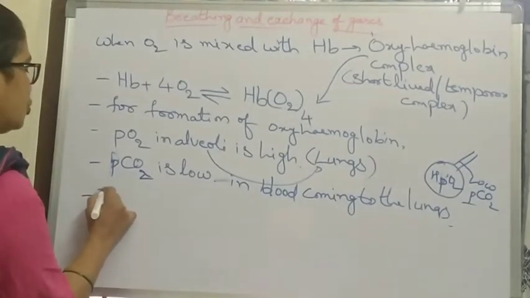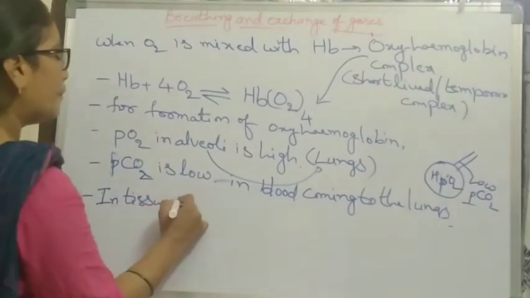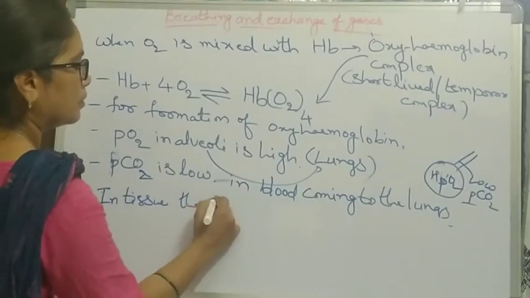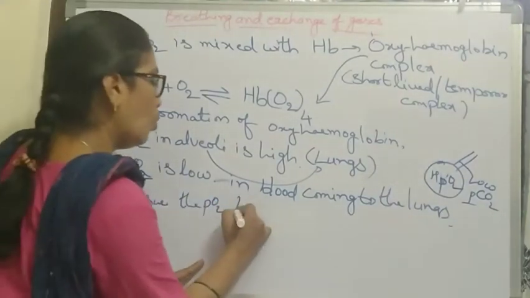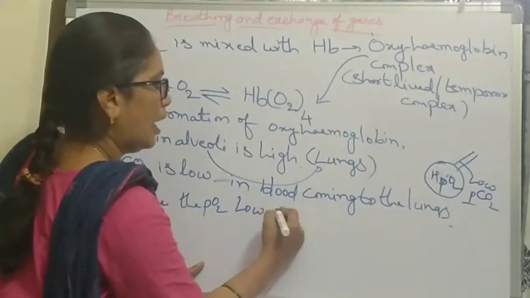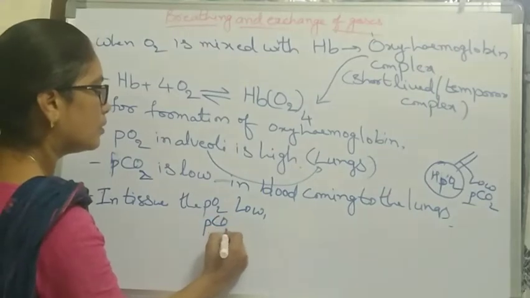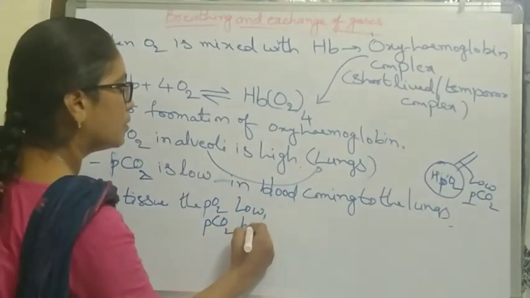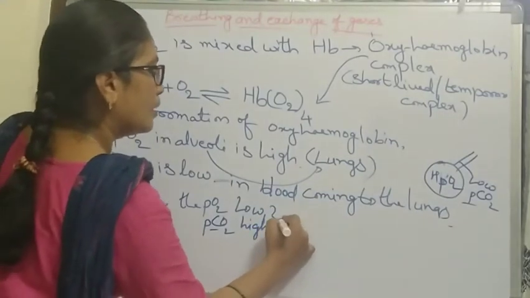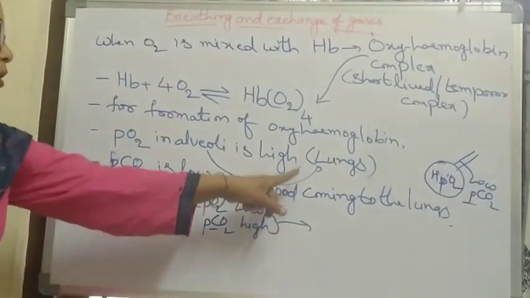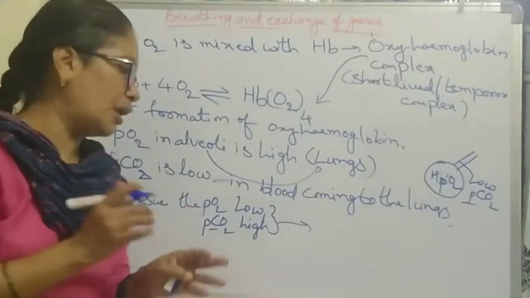When in tissues, okay, in tissues the partial pressure of oxygen is low, and the partial pressure of carbon dioxide is high, then that oxyhemoglobin will dissociate, means that will separate.